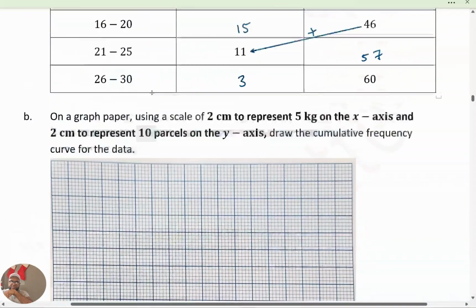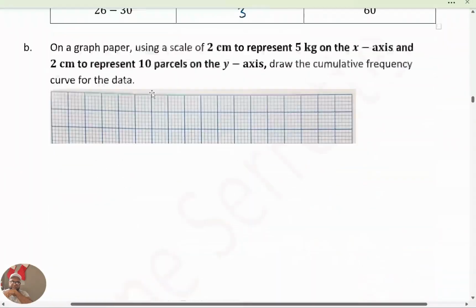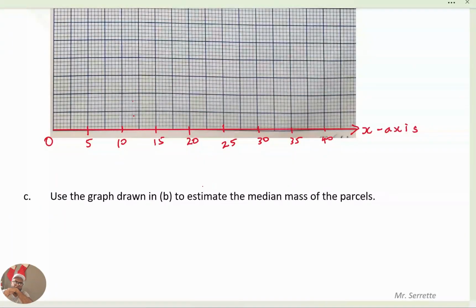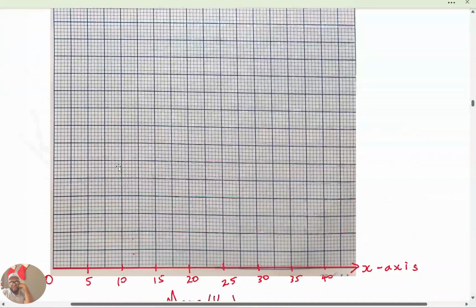Then the y-axis will be 2 centimeters to 10 parcels, right? Wait, the x-axis is what? The x-axis will be the mass, right? Mass, kg.